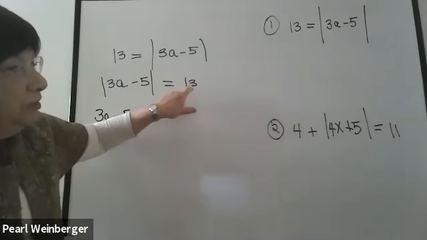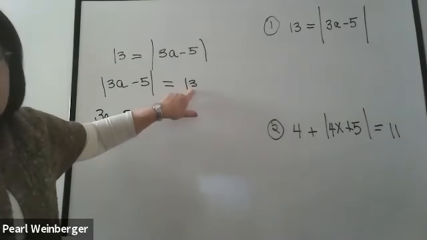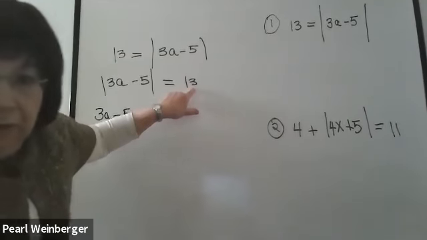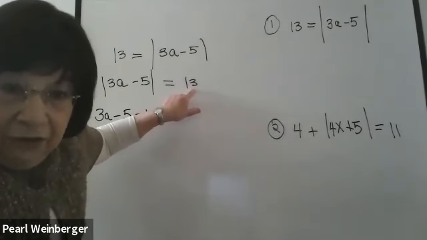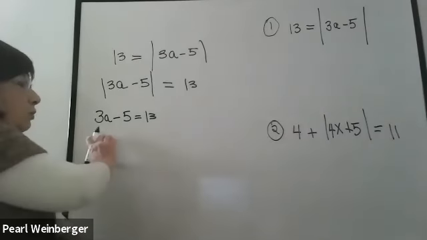The number 13 is a positive number, so I can go further. If this would have been a negative 13, there would be no solution. Did you do anything else besides the 3a minus 5 equals 13? Yes, so first I put 3a minus 5 equals positive 13 and 3a minus 5 equals negative 13.